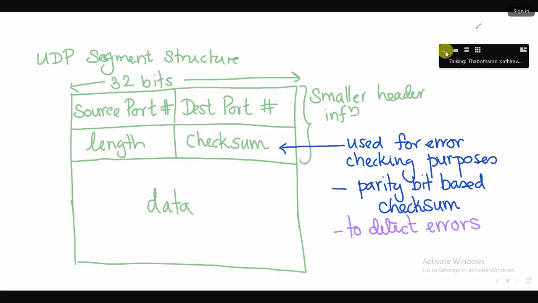Then your application process will have to decide what to do when you find a segment that carries errors. So when the errors are there, you decide whether you want to accept it or reject it.